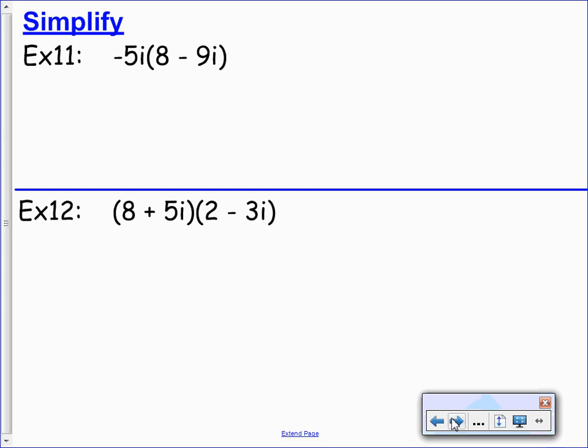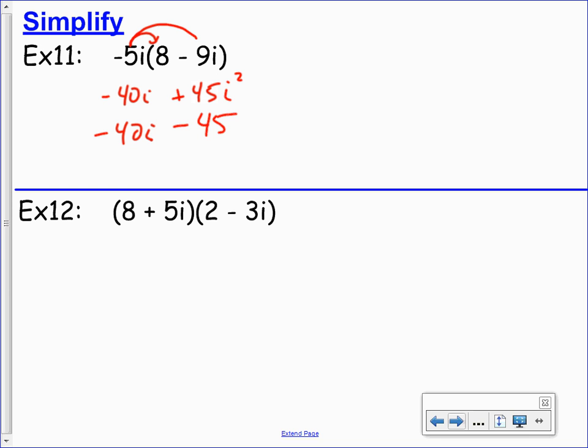Okay. Here we go. So negative 5i times 8 would be negative 40i. Negative 5i times negative 9i is plus 45 I squared. So negative 40i stays as it is, but I squared is negative 1, so this becomes negative 45.